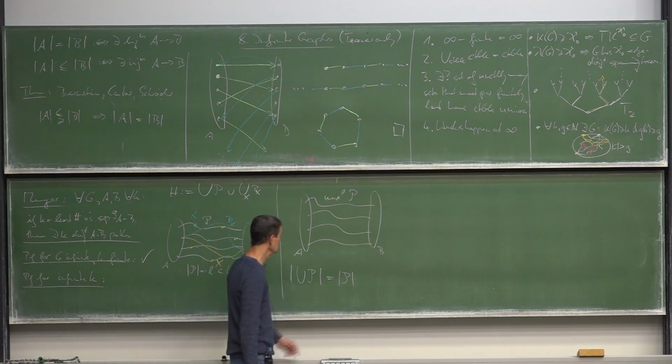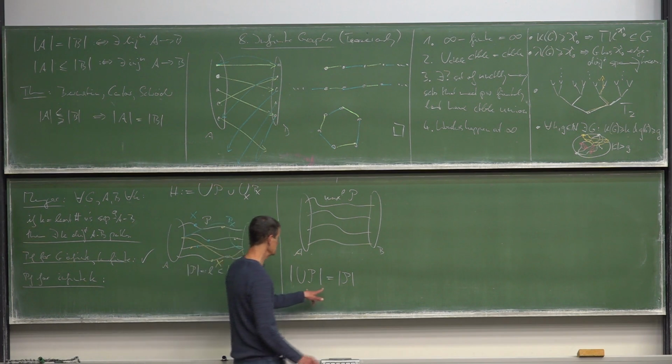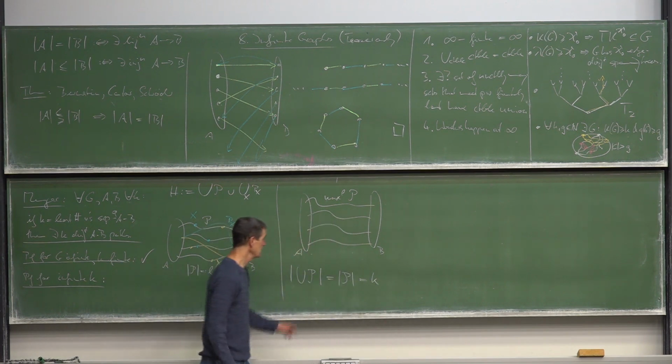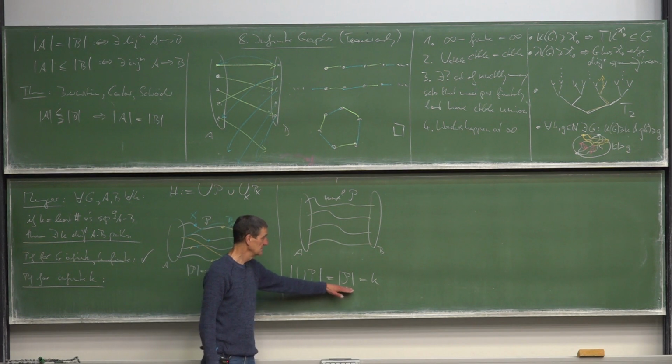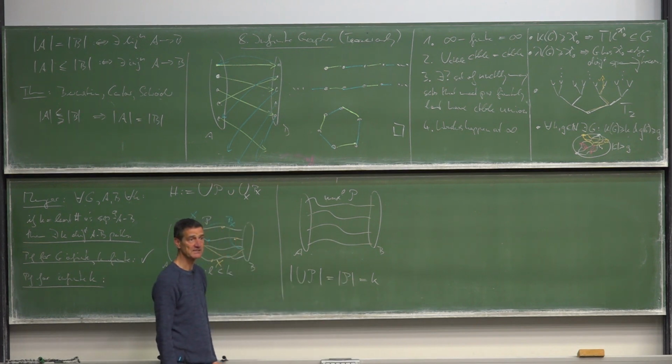Right, so then we have found a set P of cardinality exactly K as we wanted it. Right?